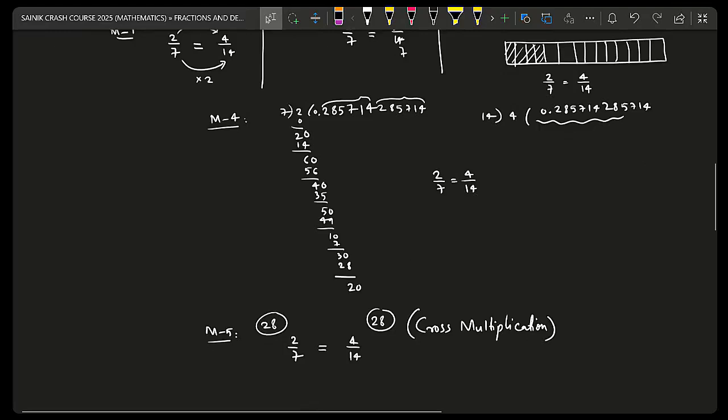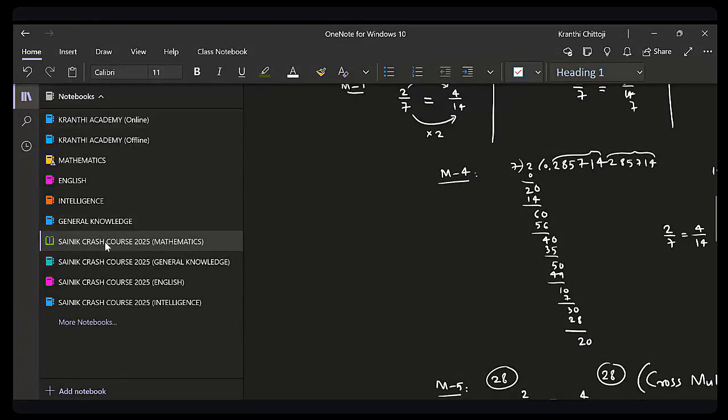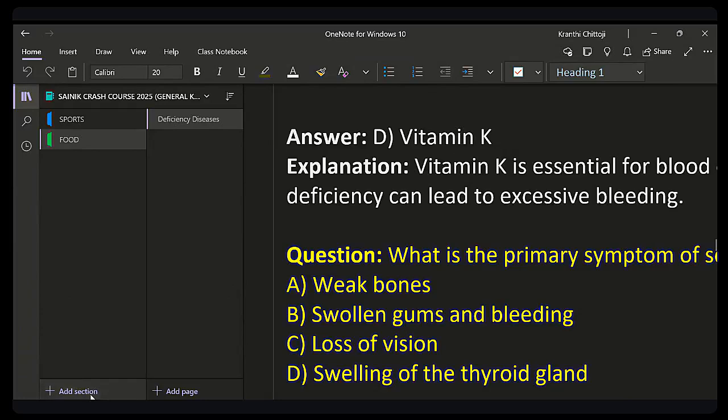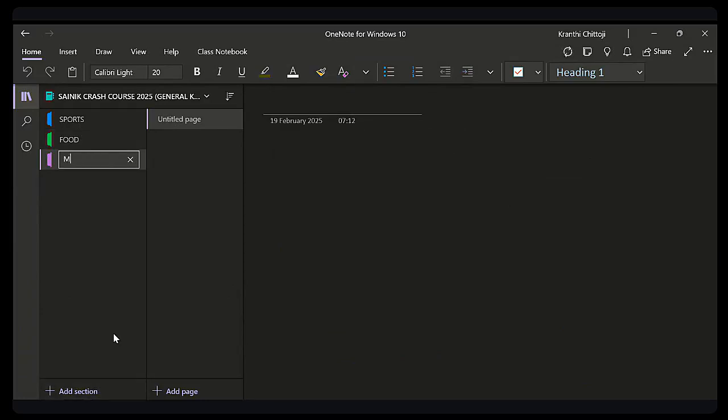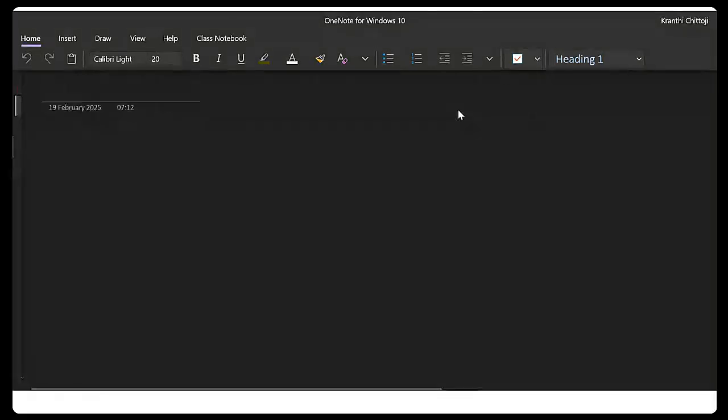Okay, let's go from simple to complex. Today's first question, this is your first question, all of you.